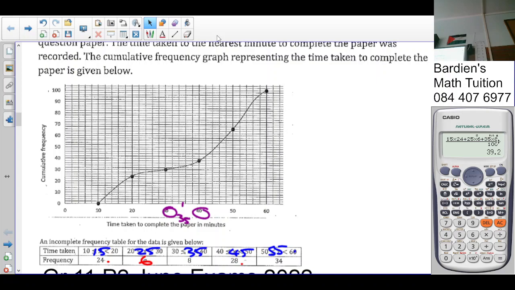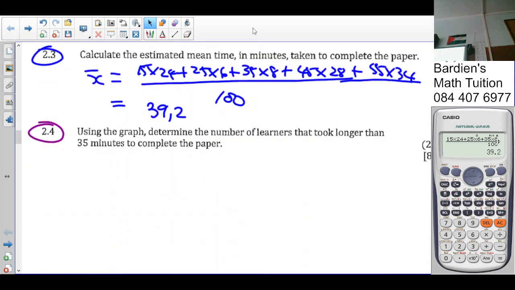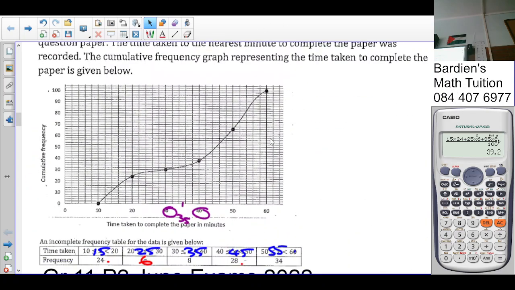They want to know if it took longer than 35 minutes or shorter. It took longer than 35 minutes. So what I do is I take this 35 minutes and I go across, up here, onto the graph there. Can you see that? Then I read off from the graph on the cumulative frequency column where that falls.